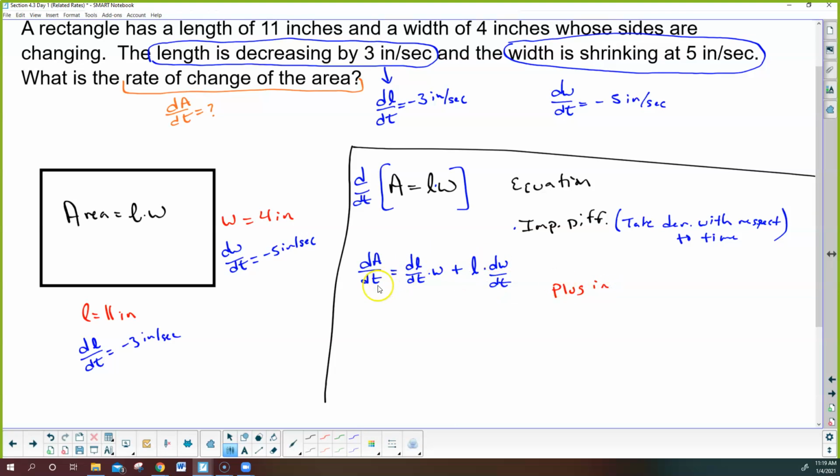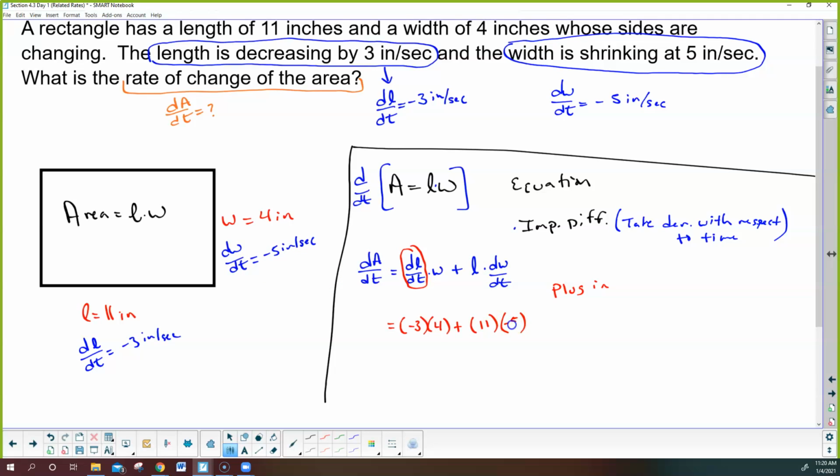So now we're just going to plug in what we know. Well, I know the rate at which the length is changing. They told me that right here. That was -3. I know the original width is 4. I know the length is 11. And then I know the rate at which the width is changing.